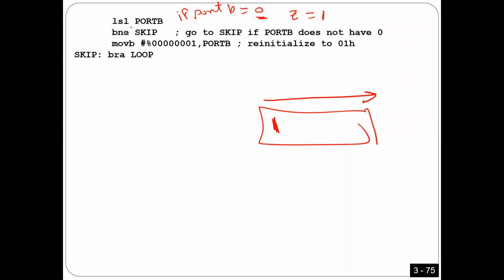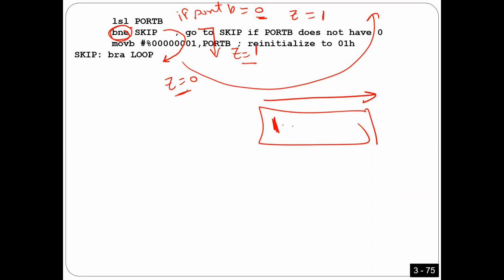Here what I'm saying is, if not equal, come to here. So if the 0 flag equals 0, come to here, and then from here I'm gonna go to the beginning again. Now I'm gonna come to here if the 0 flag equals 1. That means if I shift all the way to the end, now port B equals 0.